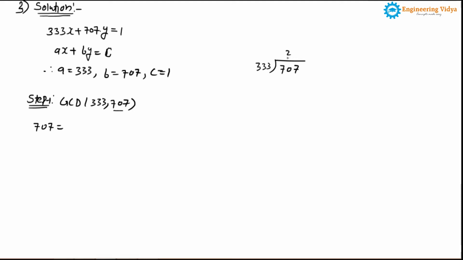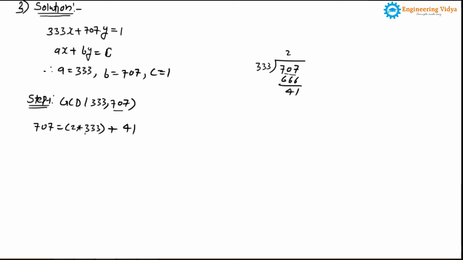It will go 2 times, the result will be 666, and the remainder will be 41. So hence we can say 707 can be written as 2 into 333, plus 41, right?